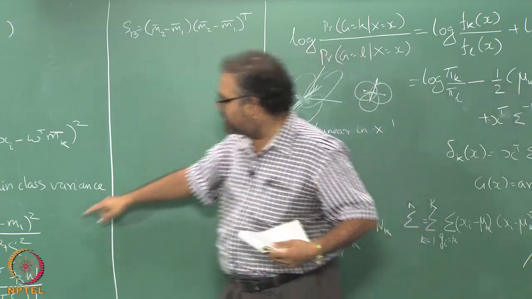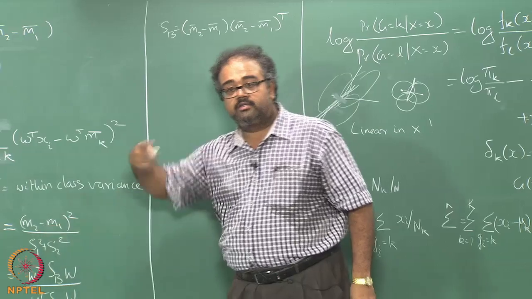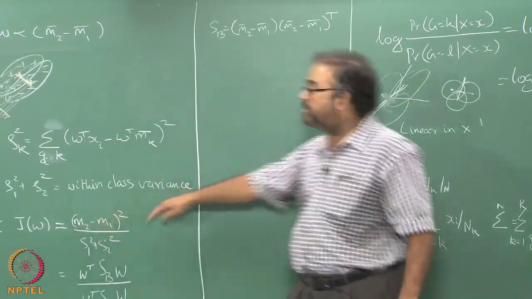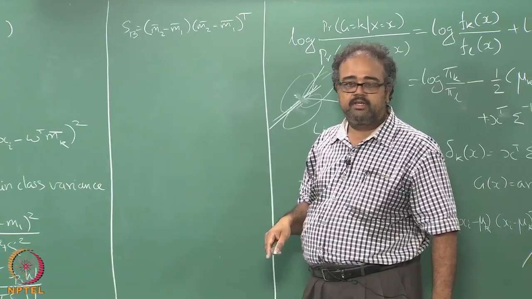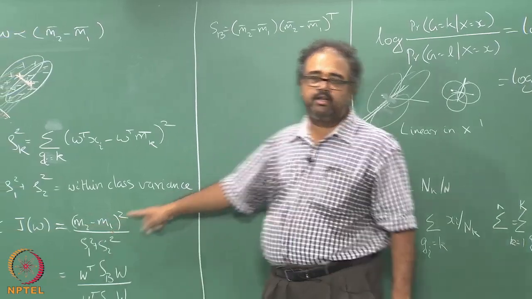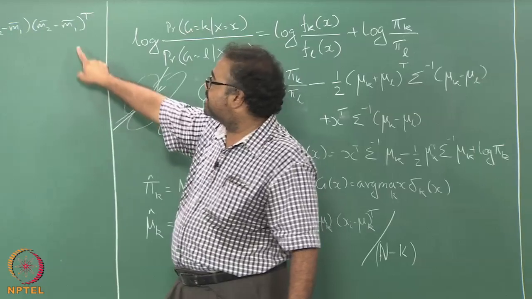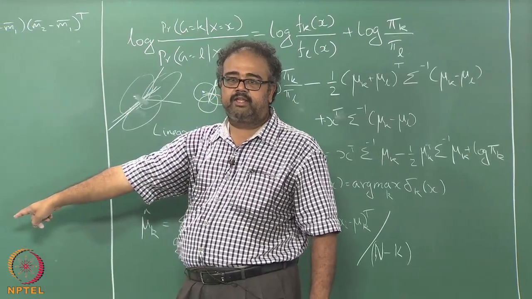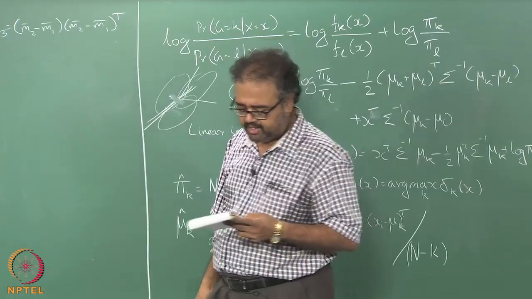So if you think about it, what I wanted was M2 minus M1. What is M2? So the projected one, M2 will actually be W transpose M2 bar, right. So essentially I have W transpose M2 bar minus W transpose M1 bar. So I can take out the W transpose and just have the square of M2 bar minus M1 bar, and I am adding the W squared back in by doing W transpose S_B W, okay.